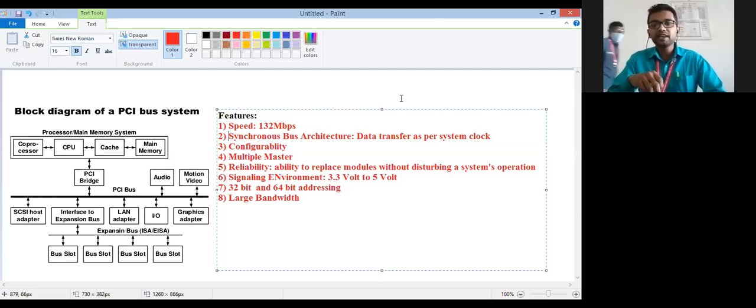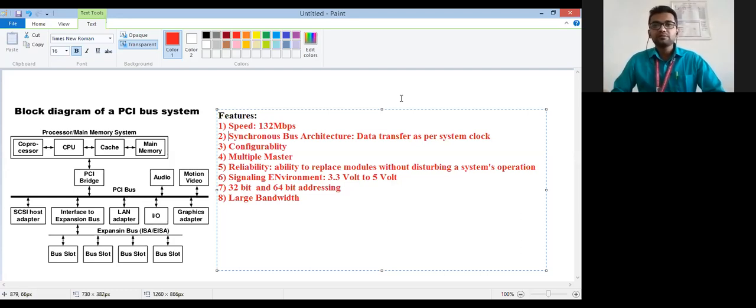So PCI X generally requires higher IO bandwidth, such as gigabit Ethernet and fiber channel. So in most cases, whenever this type of network is there, we are using PCI X, and in other cases, we are using the general PCI.